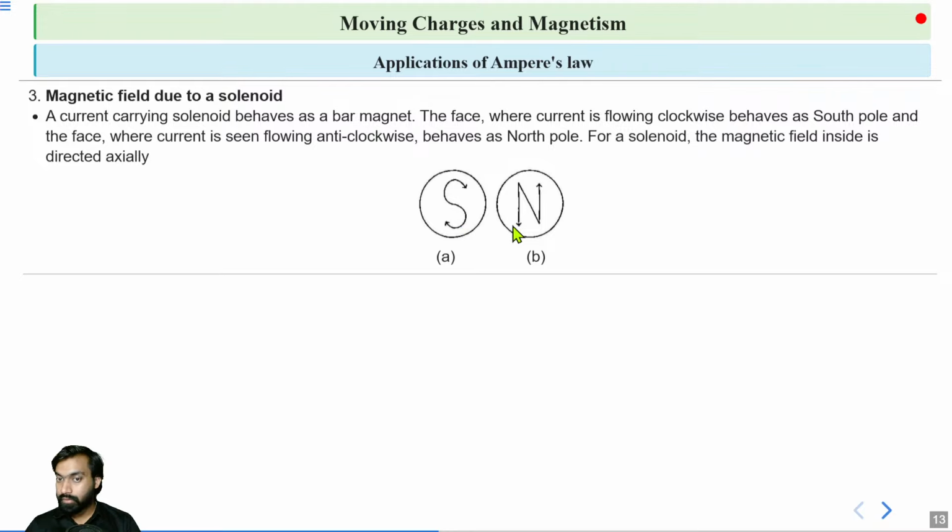Diagram B. The magnetic field lines inside the solenoid are parallel and directed along the axis of the solenoid. This axial magnetic field is strong and uniform inside the coil. Outside the solenoid, the magnetic field lines spread out and resemble the field of a bar magnet with a north pole and a south pole at the ends.